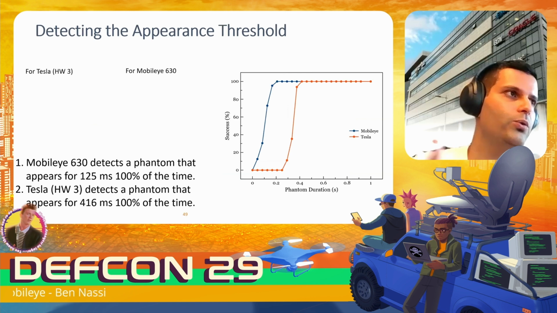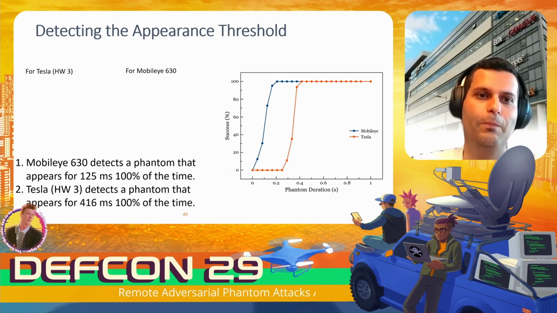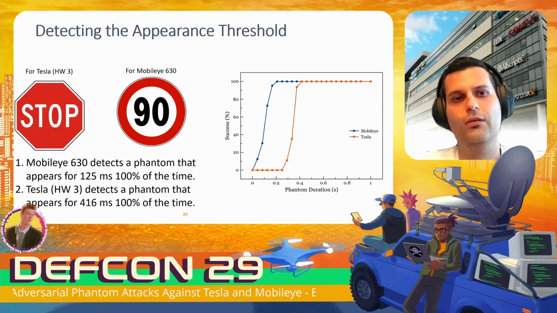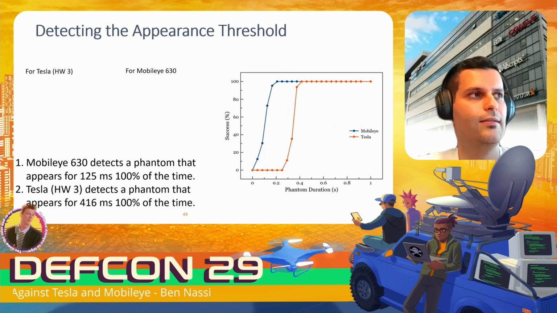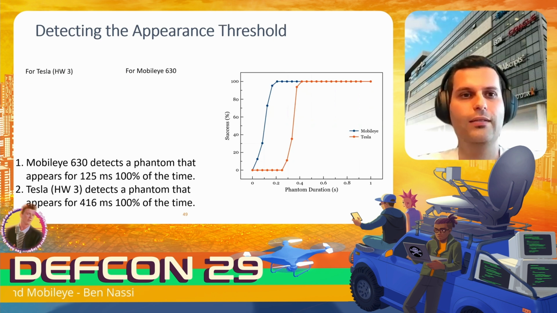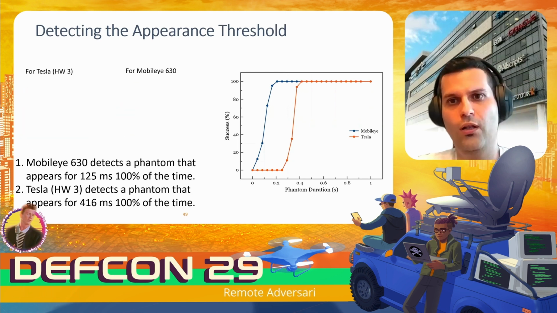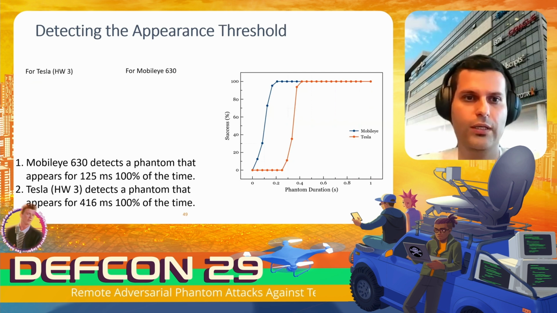In order to determine the appearance threshold needed to present a phantom, we performed a black box type of experiment, where we placed a Tesla with hardware free and a Mobileye 630 in front of a wall, and used a projector to project on the wall.